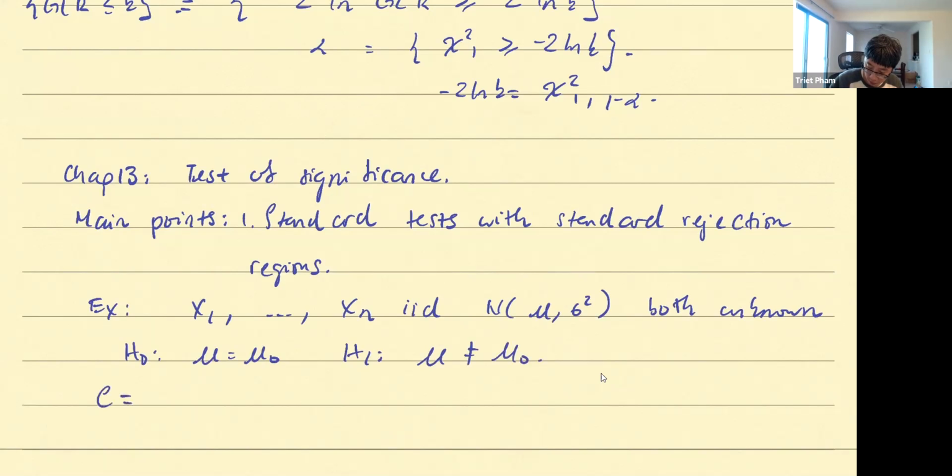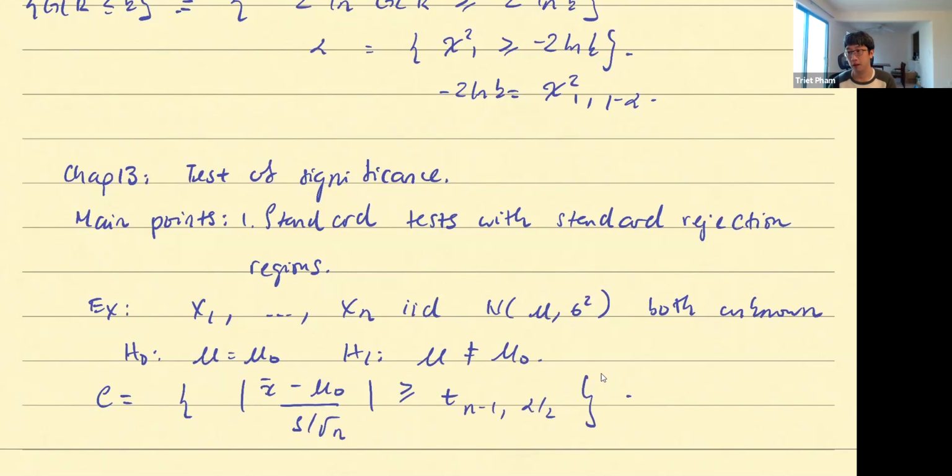Then the critical region is x bar minus mu naught divided by s over square root of n, in absolute value, bigger than or equal to t_{n-1, alpha/2}. You see how quickly I write it down. It's very routine. If you can't write down as fast as I can, don't worry.